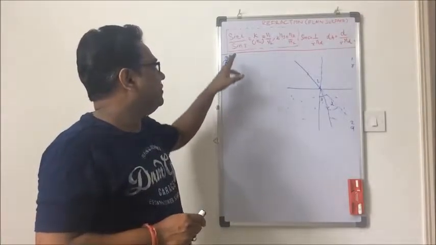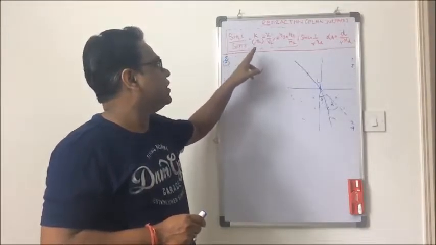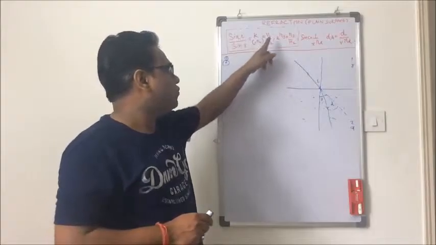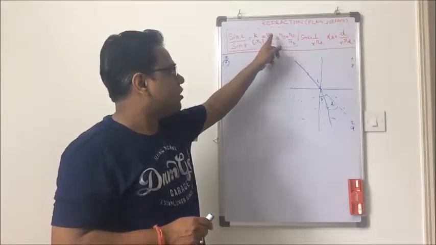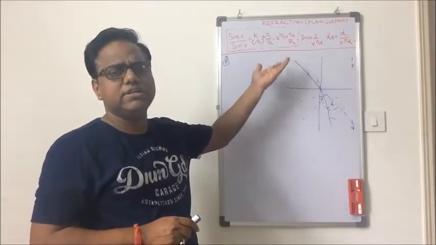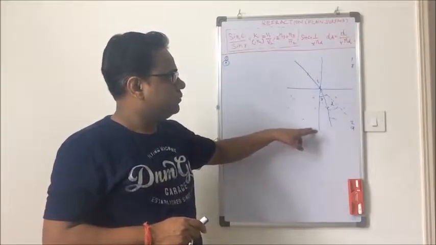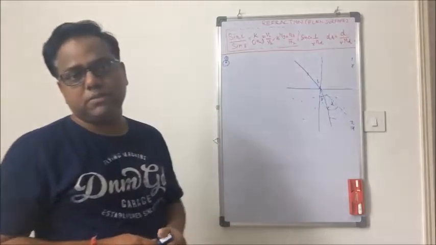It is found that sin i by sin r equals v1 by v2, where v1 is the speed of light in medium 1, which you can call rarer or denser, and v2 is the speed in the second medium.